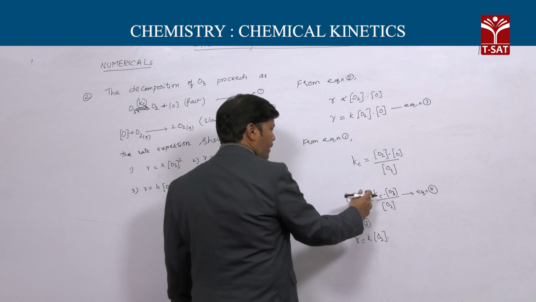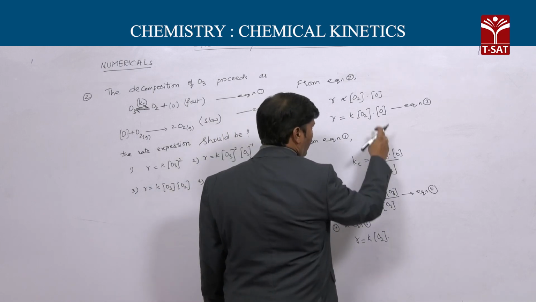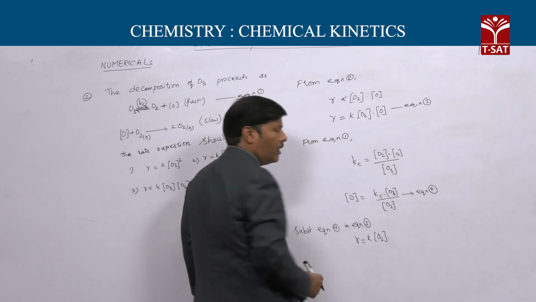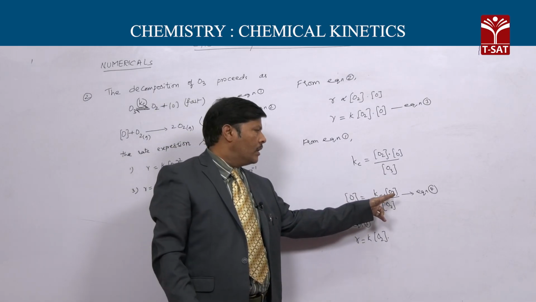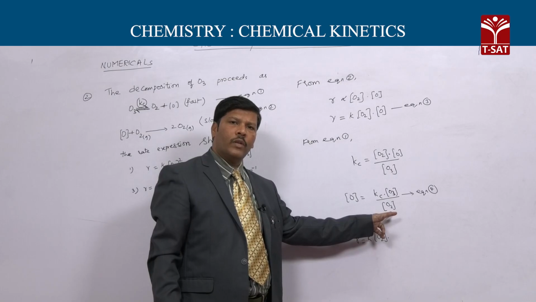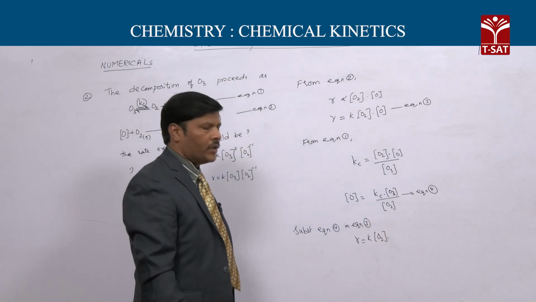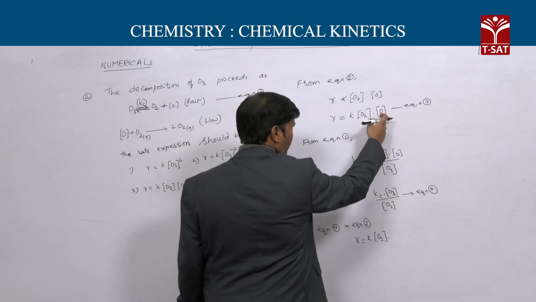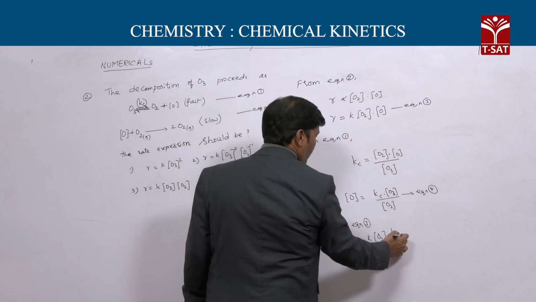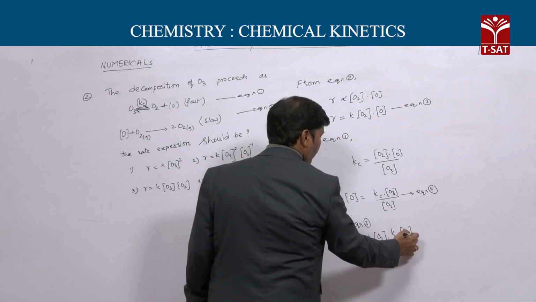In the place of nascent oxygen, substitute this expression: nascent oxygen is equal to equilibrium constant into concentration of ozone divided by concentration of oxygen. So substitute in the place of nascent oxygen this expression, that is Kc into concentration of O3 divided by concentration of O2.